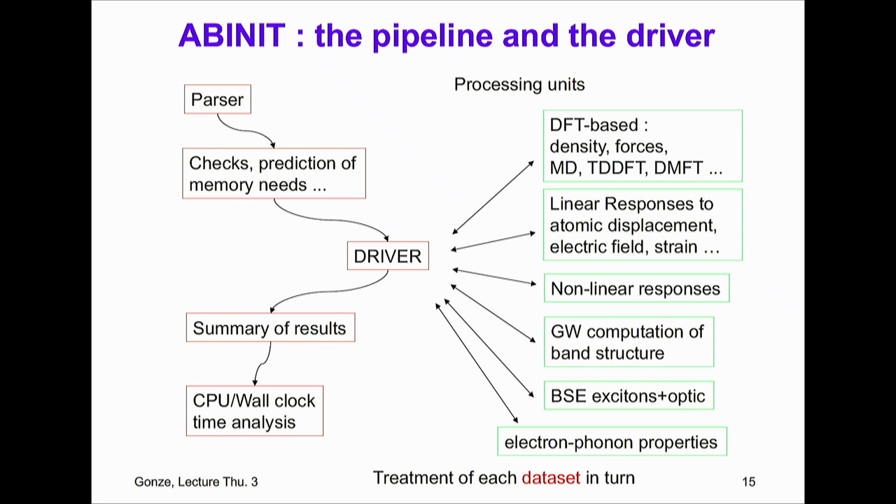The driver can address different processing units, among which this big one, a lot of things that are DFT-based, except the density functional perturbation theory, which is here. Then there is a processing unit that goes to the nonlinear responses using the 2n+1 theorem.